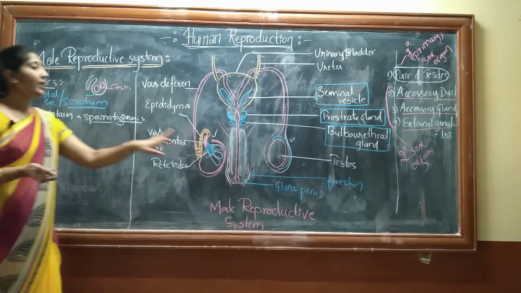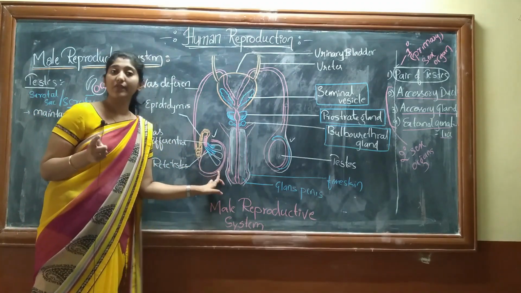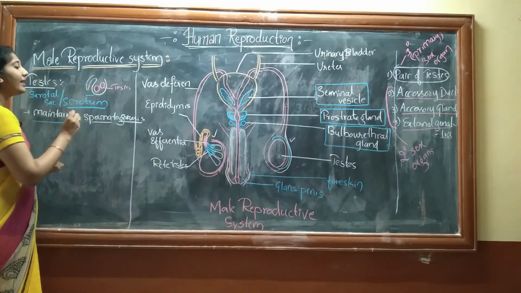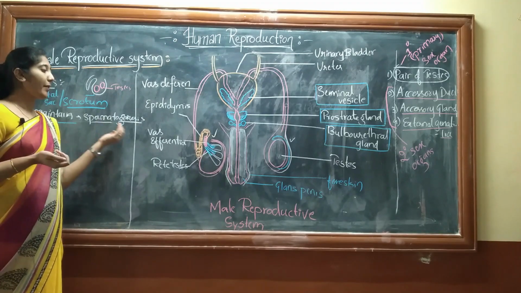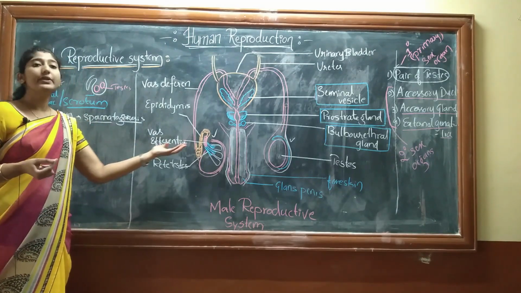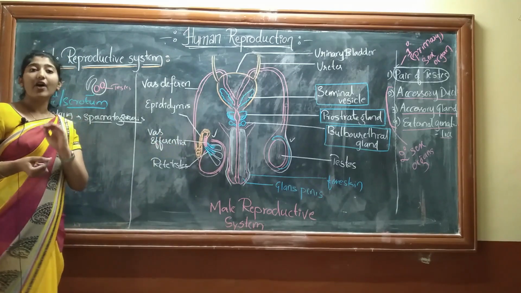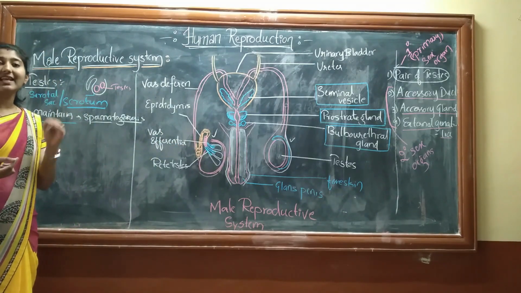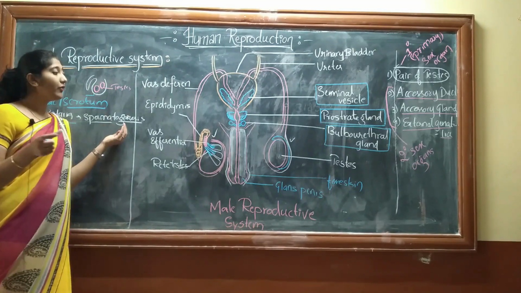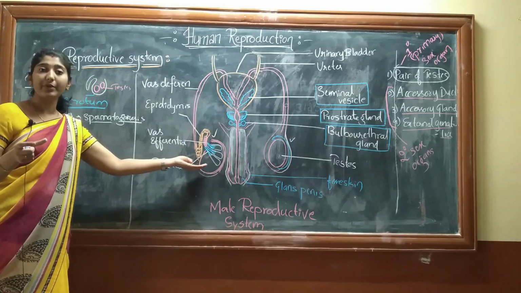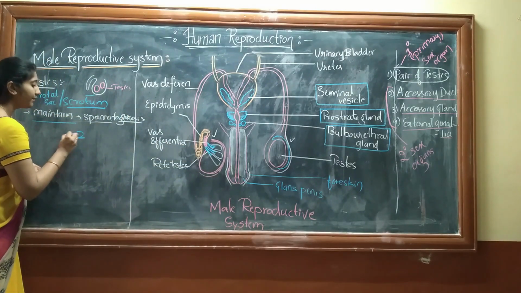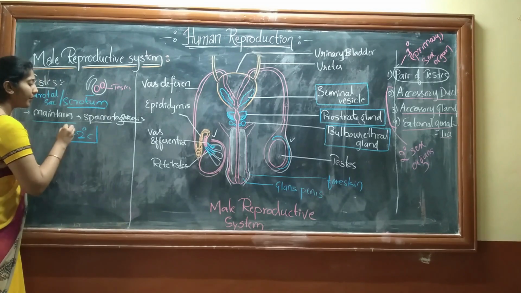In the testes the formation of sperm takes place. The temperature required to form the sperm is 2 degrees less than the body temperature.